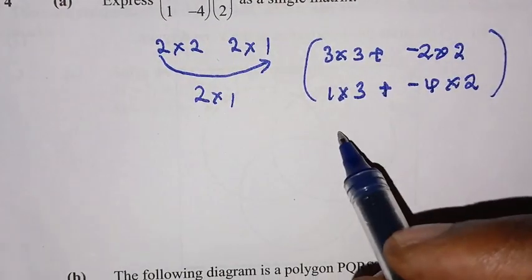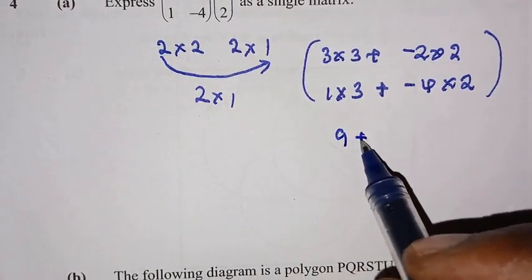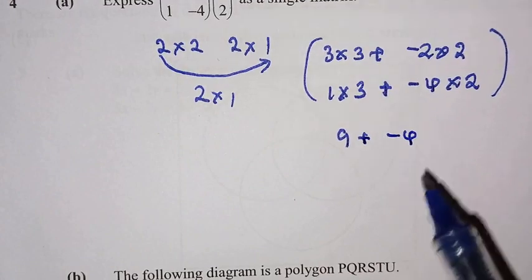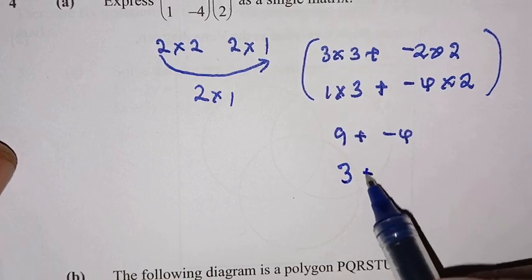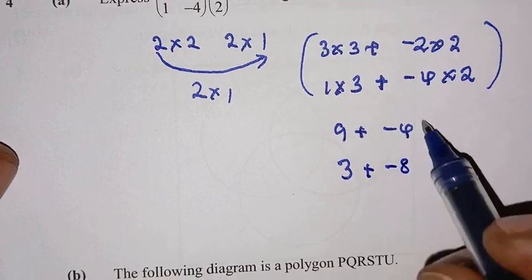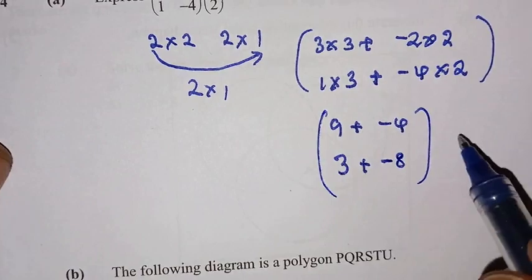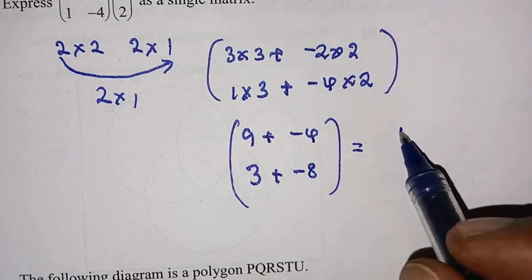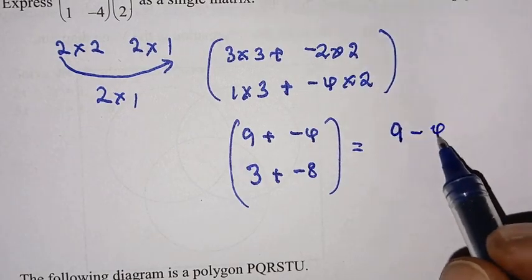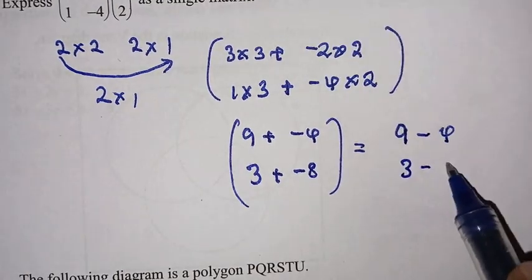If you go further, this is going to give you 9 plus negative 4, and then this will give you 3 plus negative 8. If you want to take this further, it will be just the same thing as 9 minus 4, then 3 minus 8.